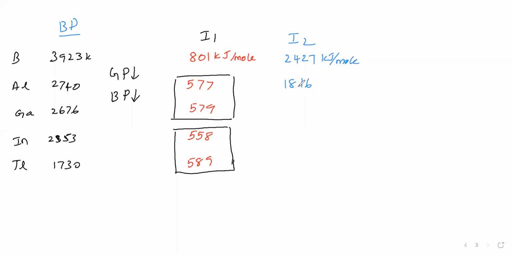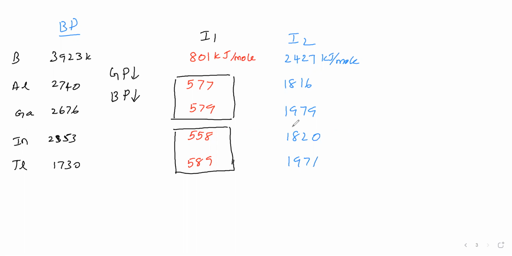For aluminum 1816. Gallium 1979. Indium 1820. Thallium 1971. So see the second ionization enthalpy and the corresponding first: the second will be more.